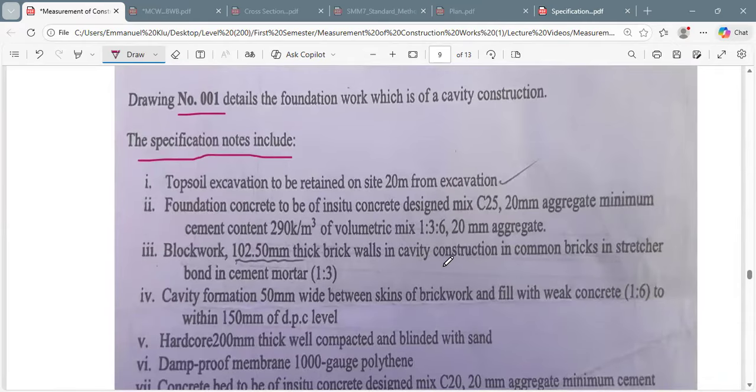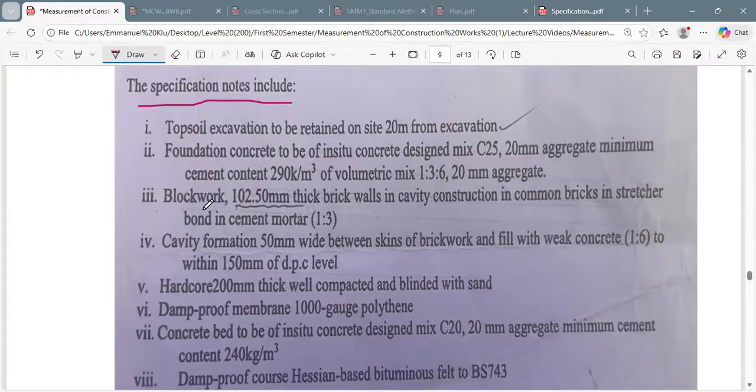Also, I can see a block work of 102.50 thick brick wall in cavity construction in common brick, stretcher bond and cement mortar.